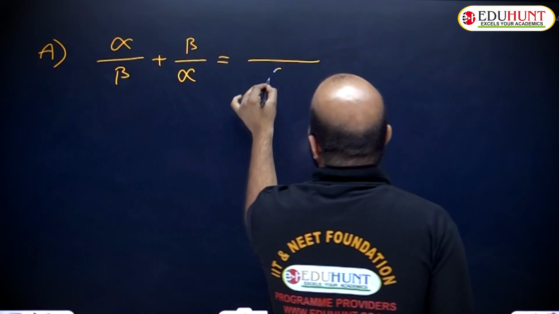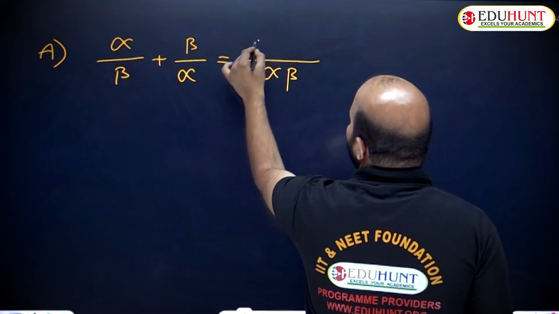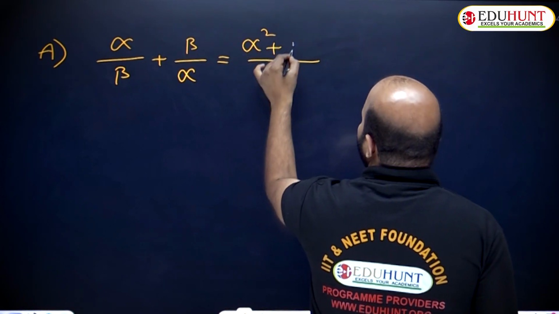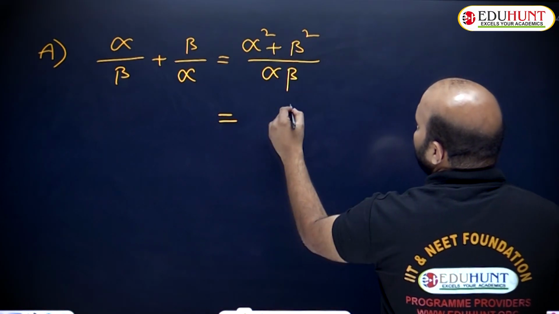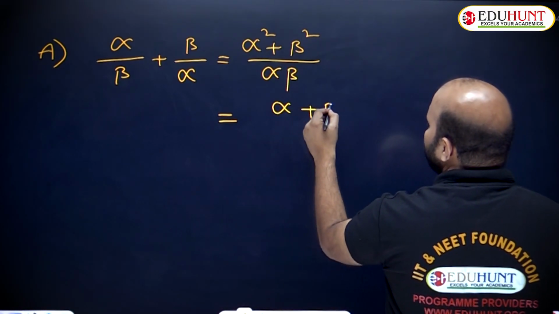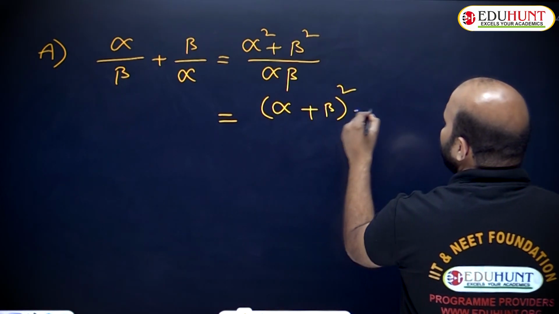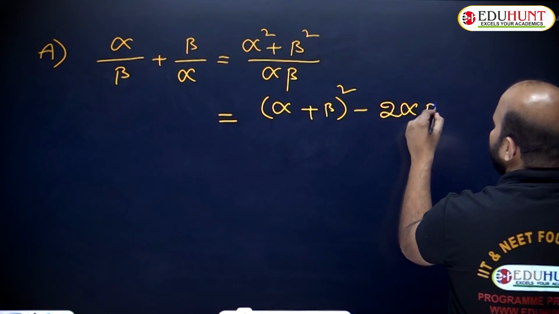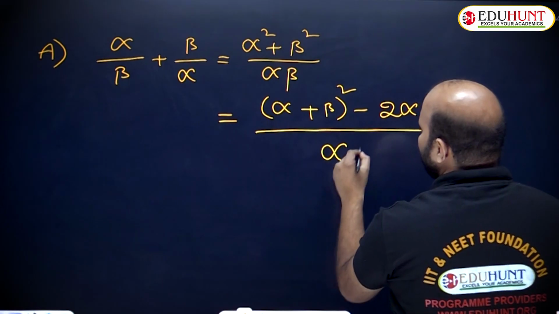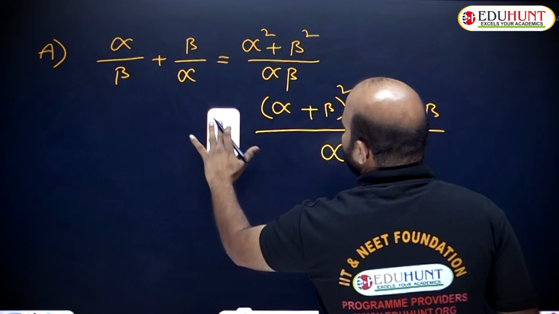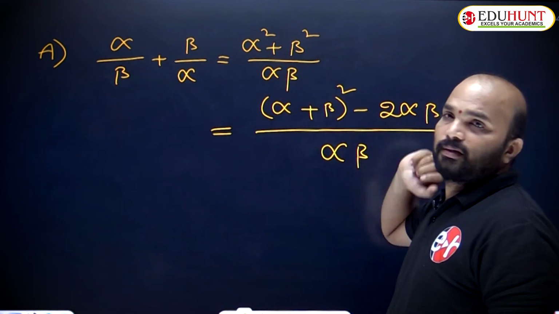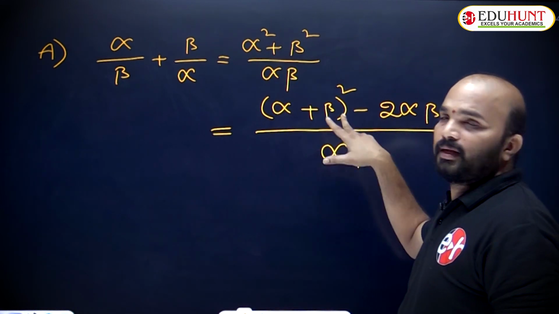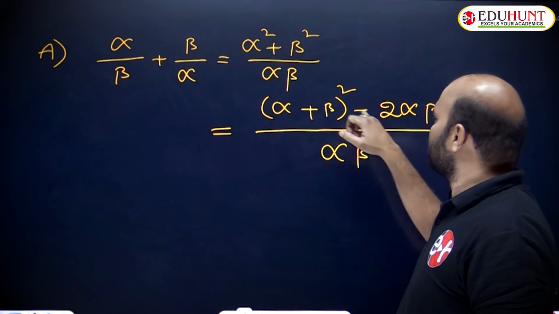So, the LCM is alpha into beta. According to cross multiplication, it can be written as alpha square plus beta square, and alpha square plus beta square can be written as alpha plus beta whole square minus 2 alpha beta, whole by alpha into beta. Am I clear? Alpha square plus beta square can be expressed through a plus b whole square, that is, alpha plus beta whole square.